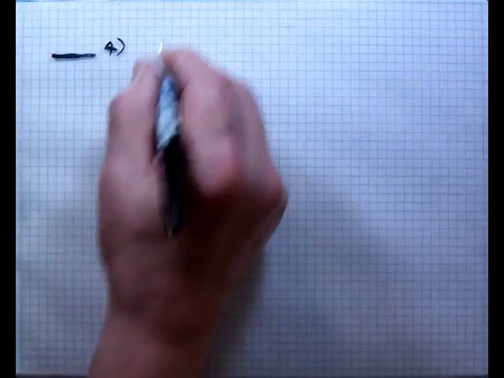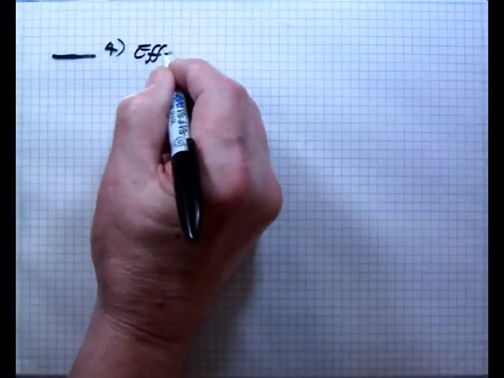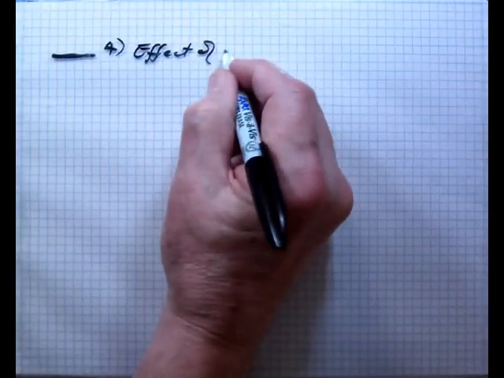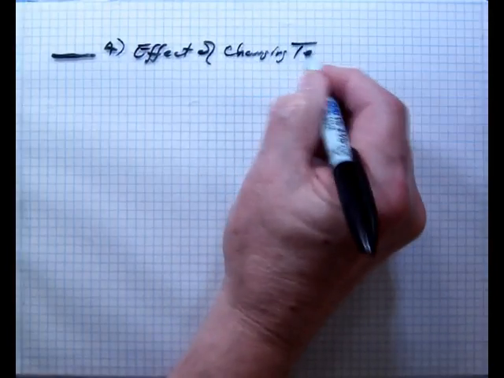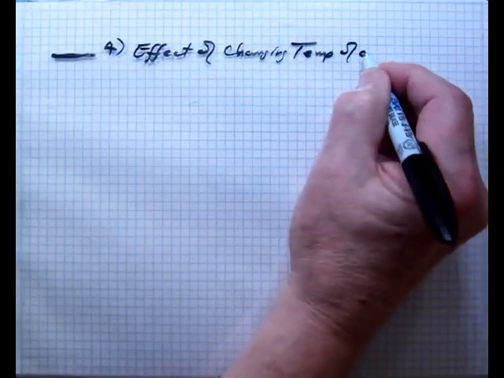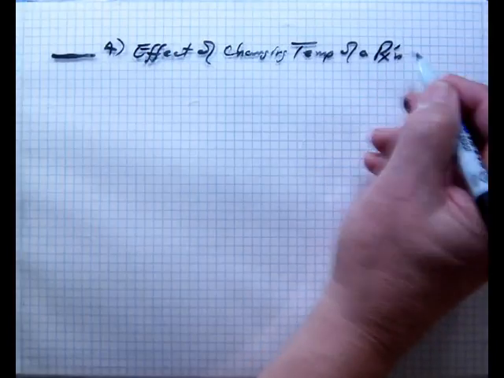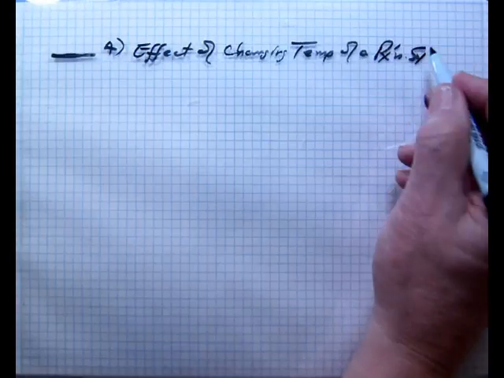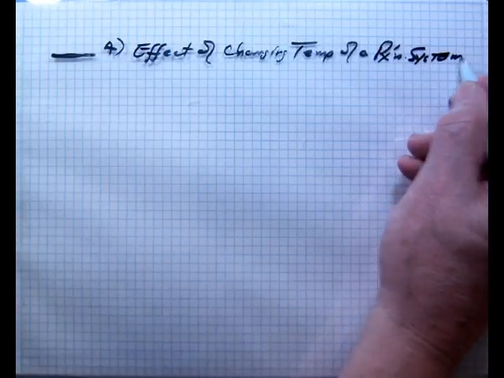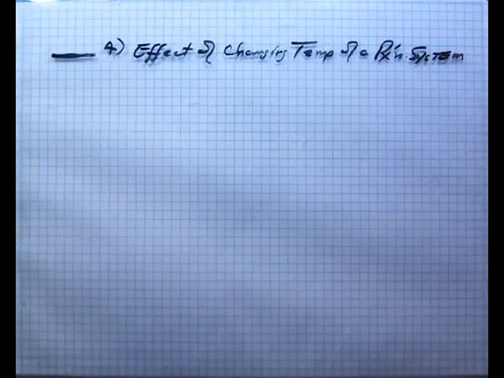In this case, this is the effects of changing temperature of a reaction system. In order to make a decision on how temperature changes will affect a reaction, you have to know whether it's endothermic or exothermic.